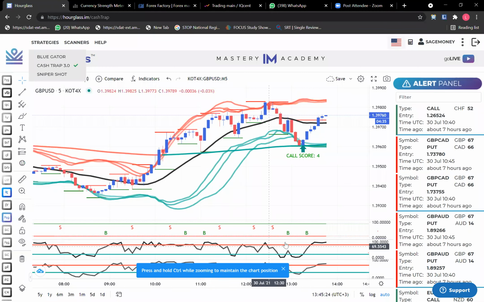B doesn't necessarily need to be under. Obviously, this is the latest one you're going to use. Do you understand? It's the latest one you're going to use. So you're not going to be using a B that is back here. You're going to be using a B that is basically current.